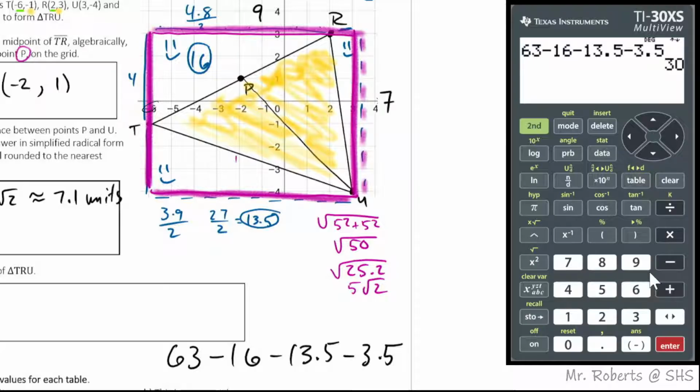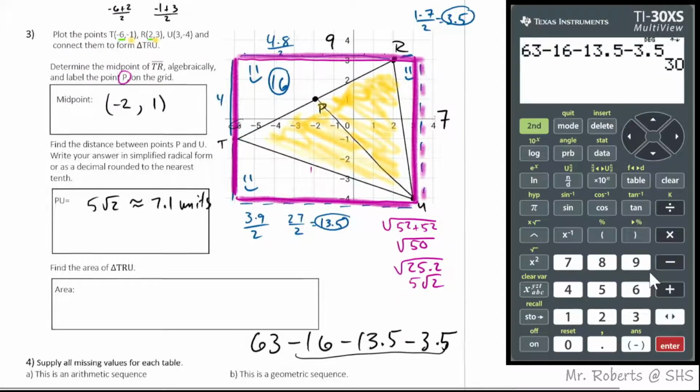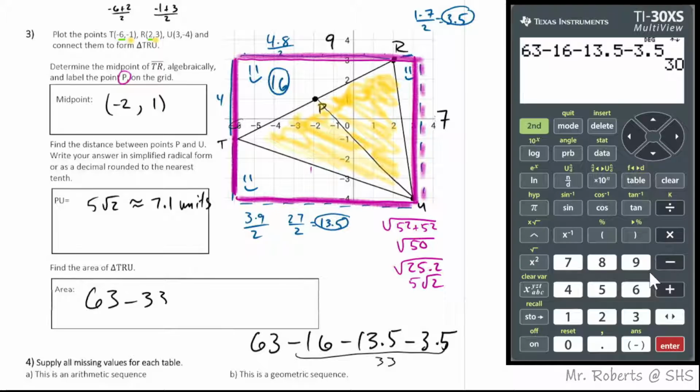So that must add up to 33 then. So 63 minus 33 is 30 units squared. Now, it is Friday afternoon and I am tired, so let me double check this.